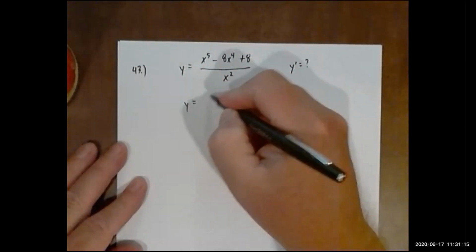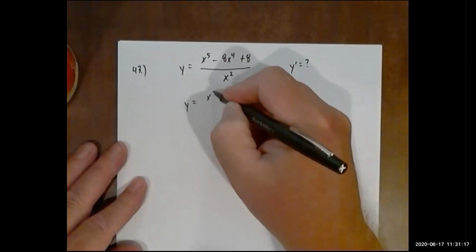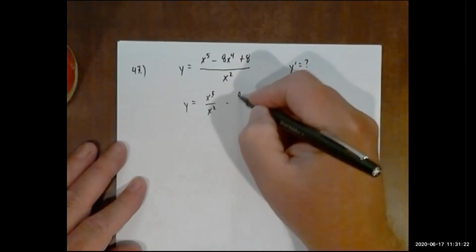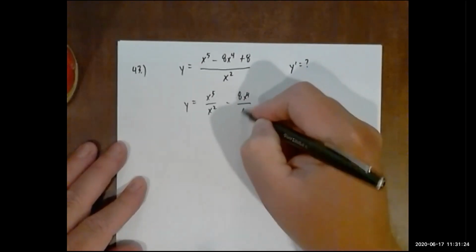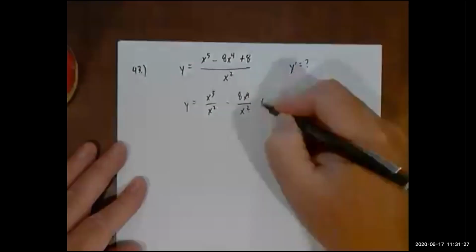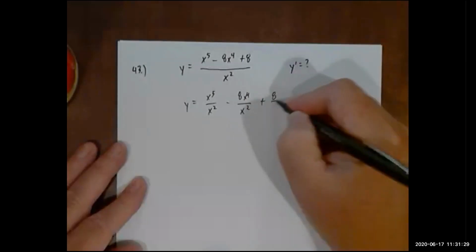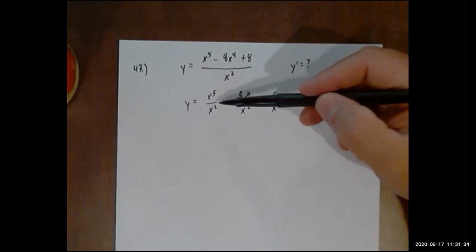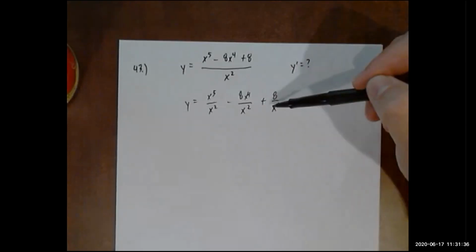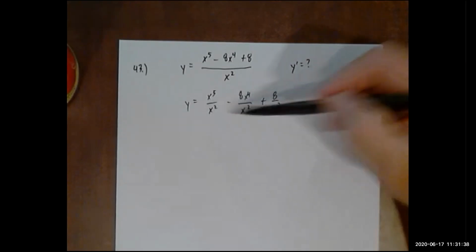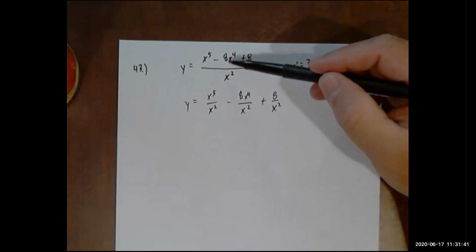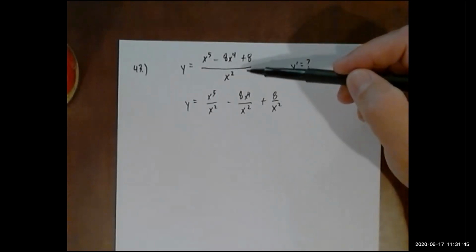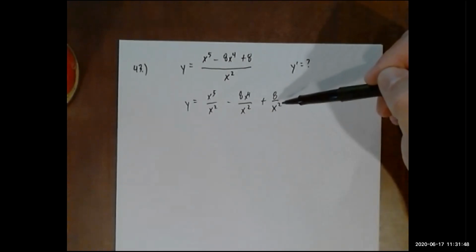So I'm going to say I can rewrite this as x to the fifth over x squared minus 8x to the fourth over x squared plus 8 over x squared. It's almost like we're doing the opposite of when you add or subtract fractions, right? 3 fractions, same denominator, you can make it 1 fraction. It's like I'm doing the reverse. I'm taking 1 fraction and splitting it up into 3 separate fractions.